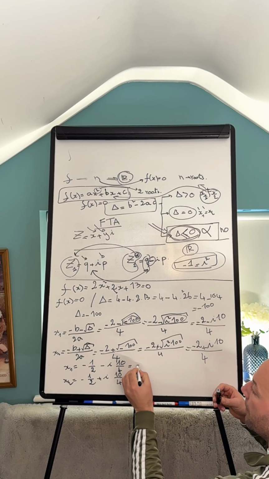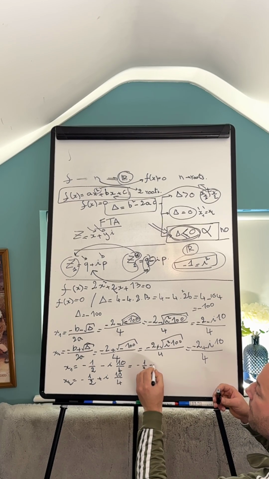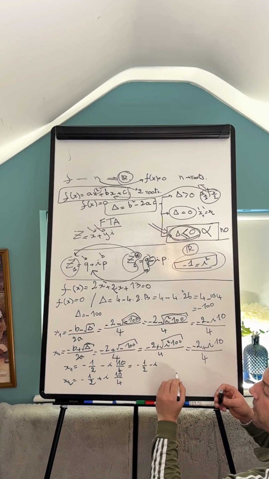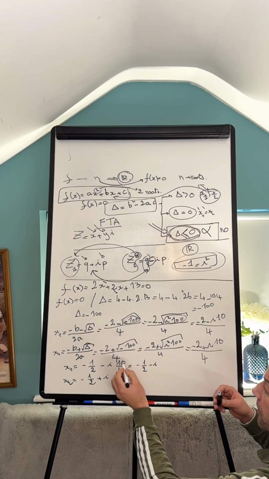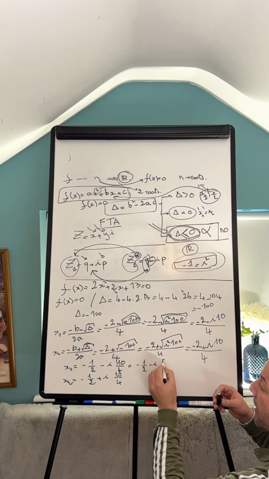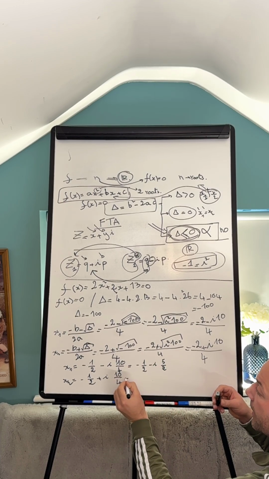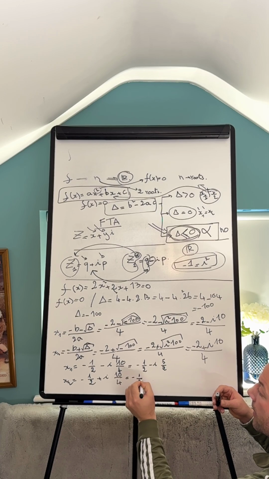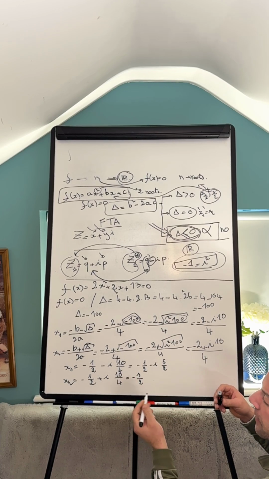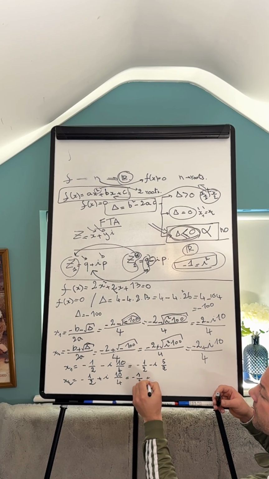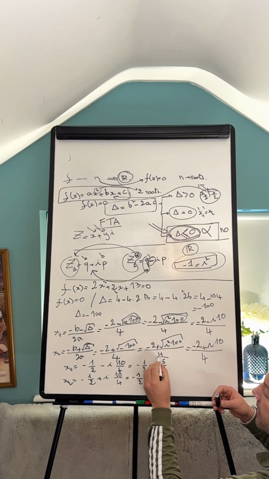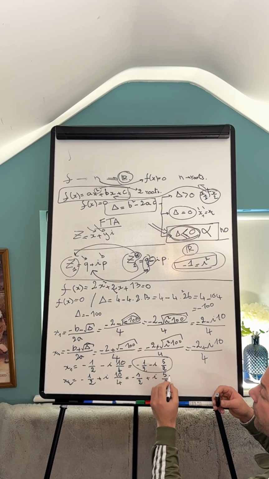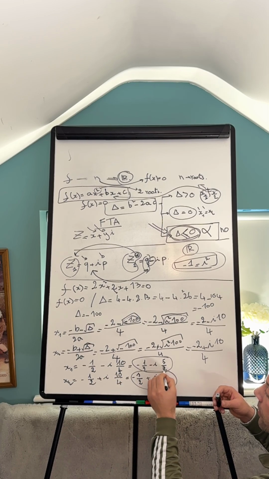If we exclude a couple of common numbers, we're going to have 5 divided by 2, and then here is going to be minus 1 divided by 2, or half, whatever you want to write it, they are all correct, plus i 5 divided by 2. This is our x1, or our first root, and this is our second root.